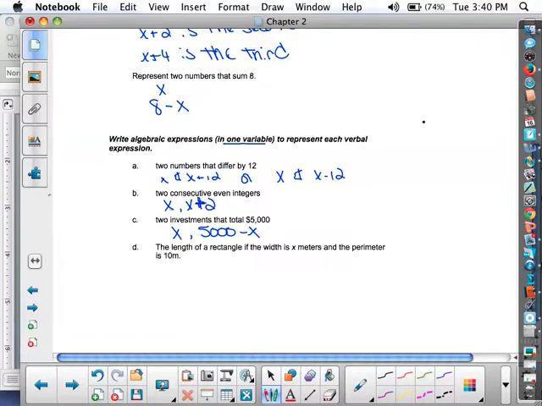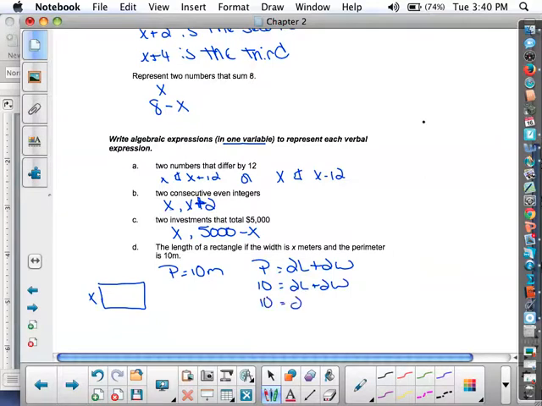D, the length of a rectangle if the width is x meters and the perimeter is equal to 10 meters. So if we have the perimeter is equal to 2 times the length plus 2 times the width, perimeter is equal to 10. Okay, we have a common factor here.